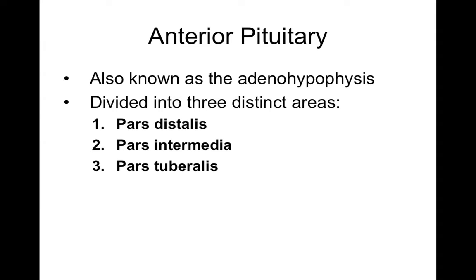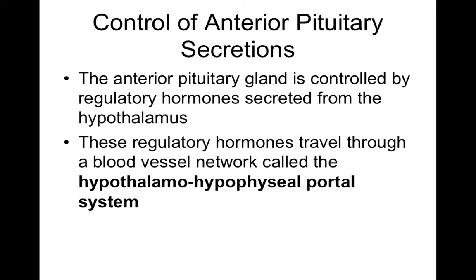Now, the anterior pituitary can be divided into several distinct anatomical regions. Don't worry about these, you guys. These actually won't come up in lecture today. But what's important to note is that the hypothalamus and anterior pituitary communicate through a series of blood vessels called the hypothalamo-hypophyseal portal system. It sounds kind of wordy, but hypothalamo just means hypothalamus.